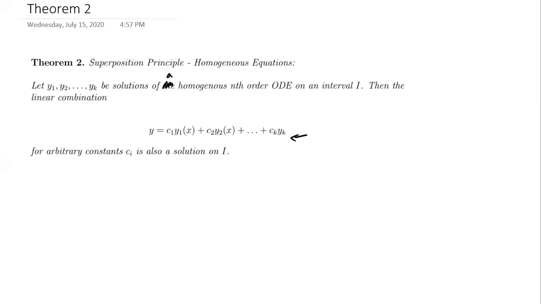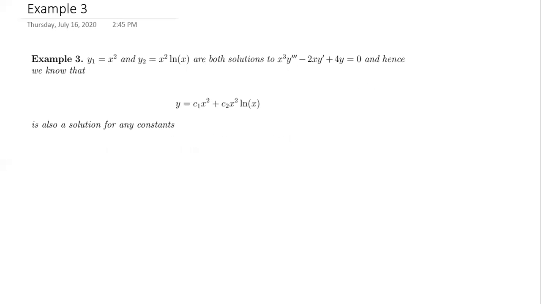I'm not going to prove this in the lecture. You're going to prove a version of this in the next homework, and it's very easy to see how it works. Now let's see an example. Here y1 equals x squared and y2 equals x squared times ln of x are both solutions to x cubed times the third derivative of y minus 2x times y prime plus 4y equals 0.